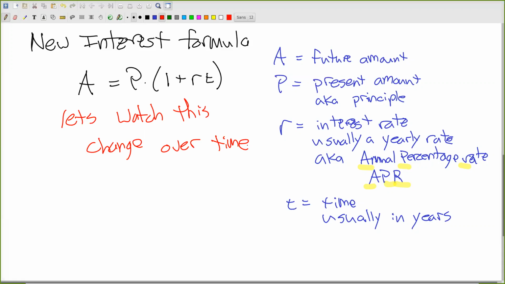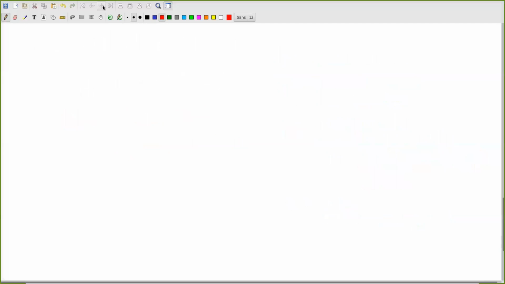A savings account, some stock investment. Now stock investments don't usually have a fixed rate. Certificates of deposit do have a fixed rate, and most savings accounts have a fixed rate. Makes it easier to calculate. If the rate's not fixed, then we have to redo things every month, which is kind of a pain. But if it's the same rate every month, we can automate it. All right, so let's play around with some time. So I'm going to make a little table here.